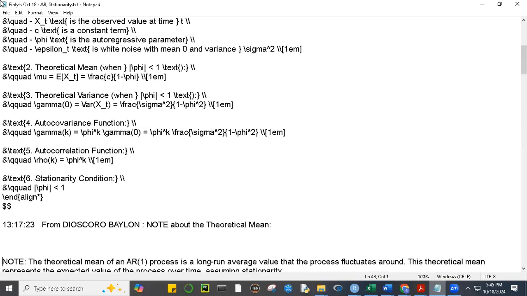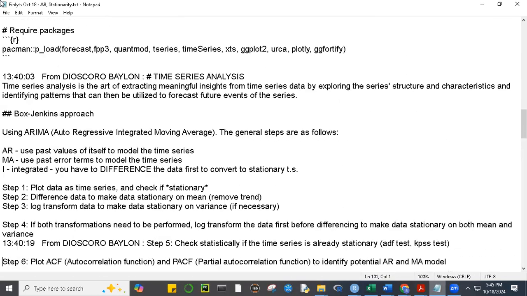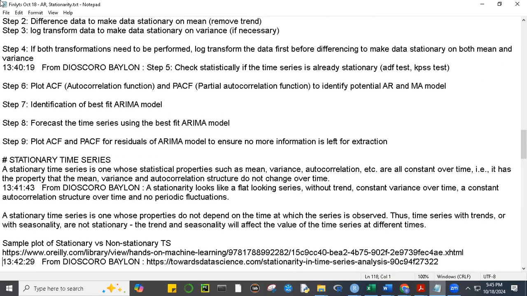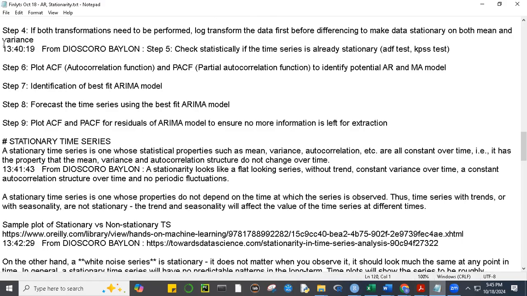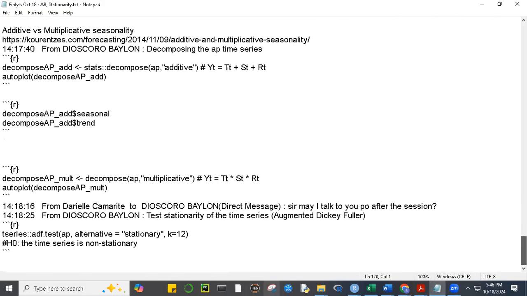Tingnan nyo class yung naabot namin. Hanggang step 6 lang tayo. Kami natapos namin hanggang dito class, hanggang air passengers. So, medyo malayo class, pareho lang naman yung time natin.